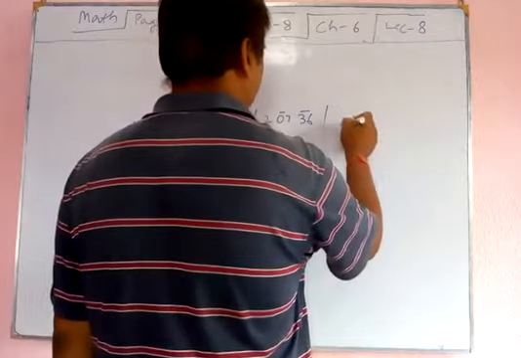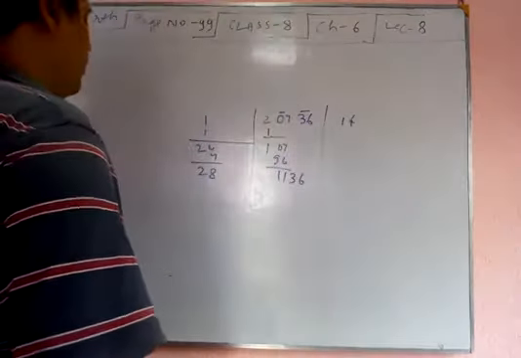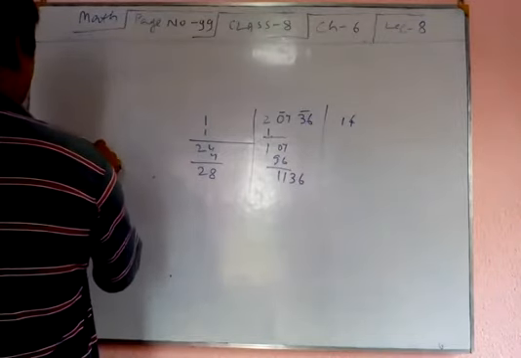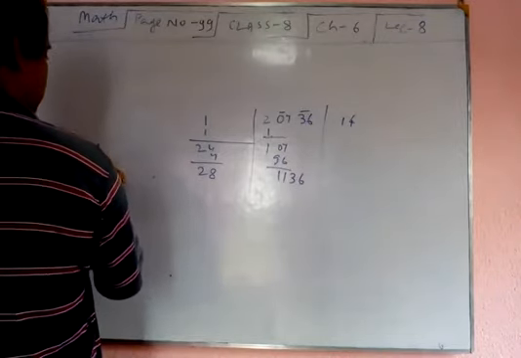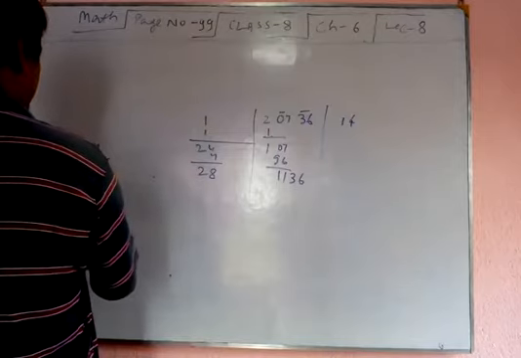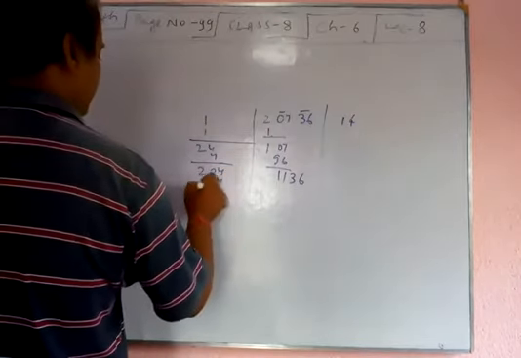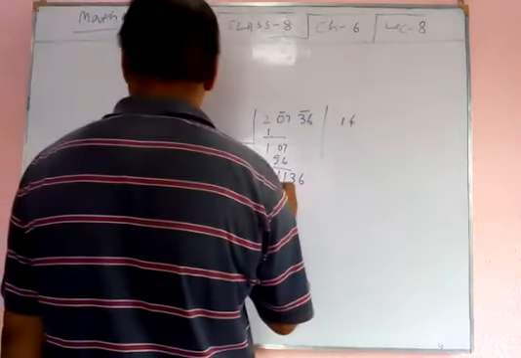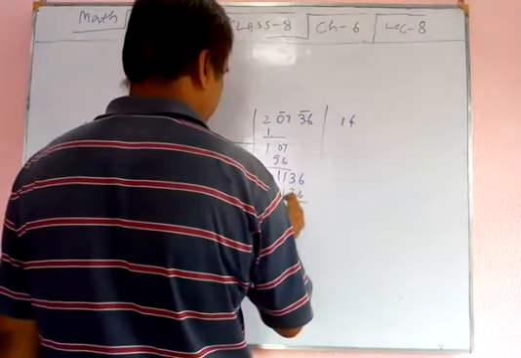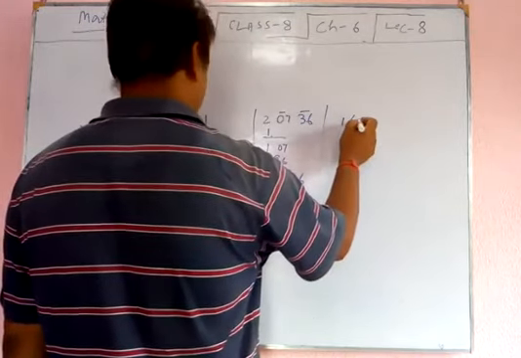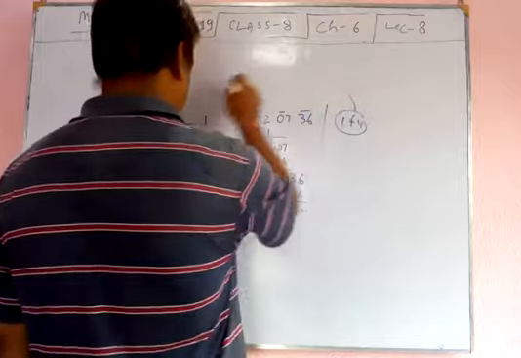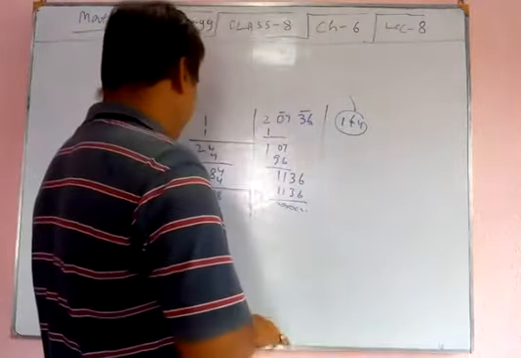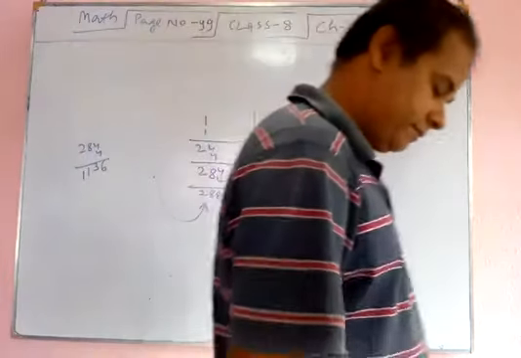So we put here the 4, and now 284. So 4 times, you have to add, 288 will be there, and here it will be 1136. You can check here, just double it, 144 into 2, it is 288.